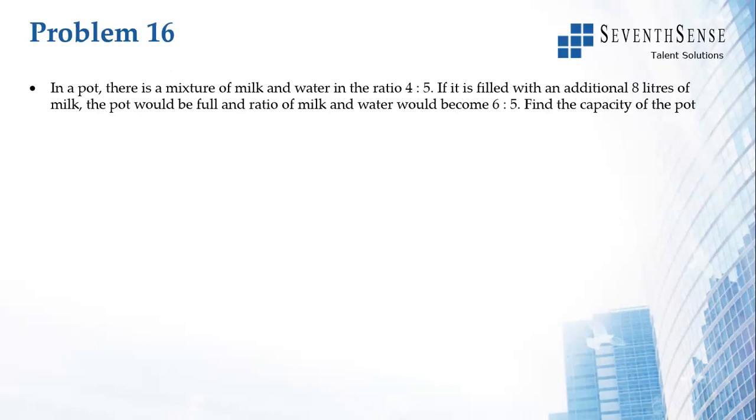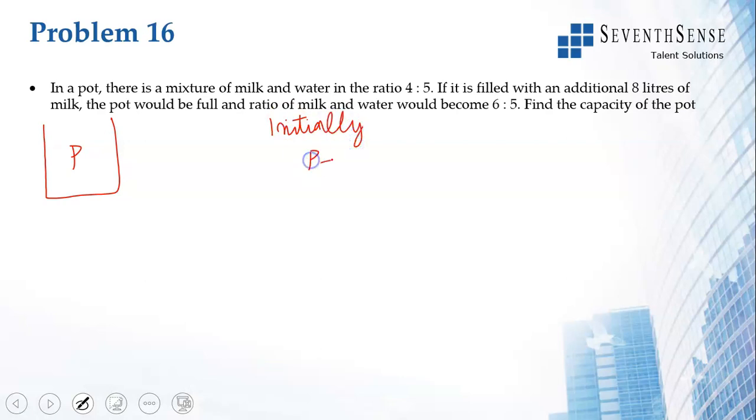So what it says is, let us say there is a pot with a capacity P. What is the amount of mixture in the pot initially? Initially, we have only P minus 8 in the pot, because if you add 8, it would have become P and full.